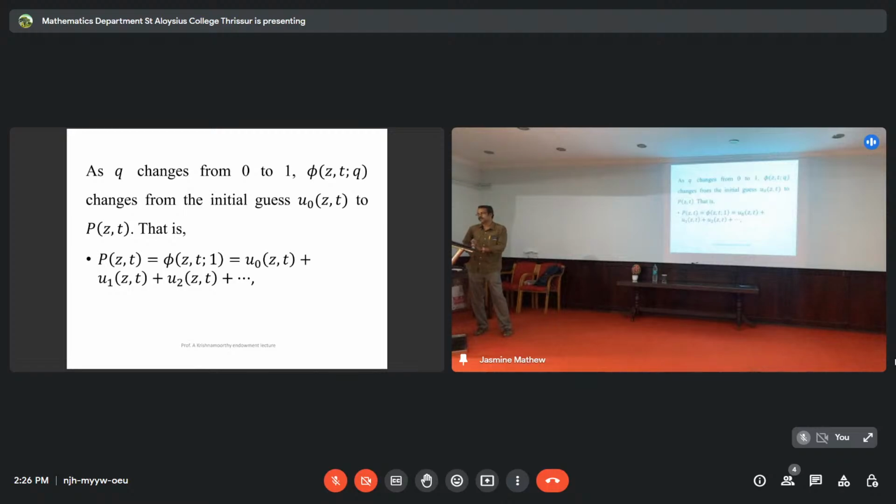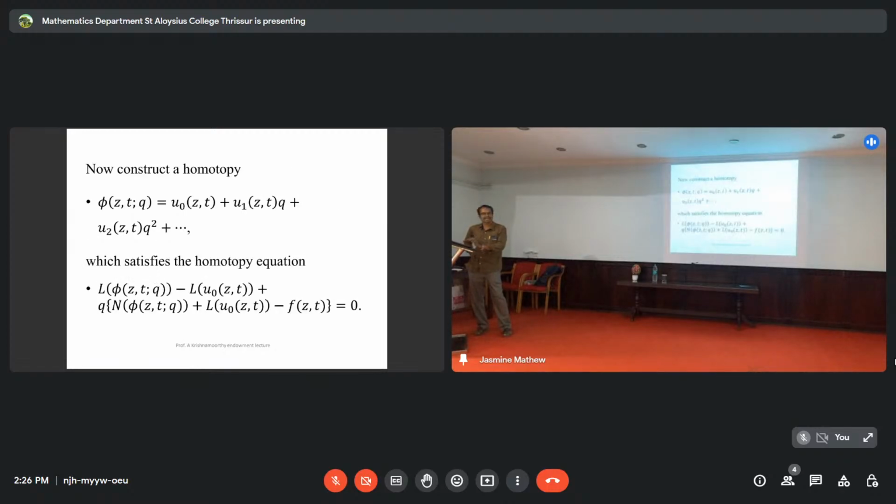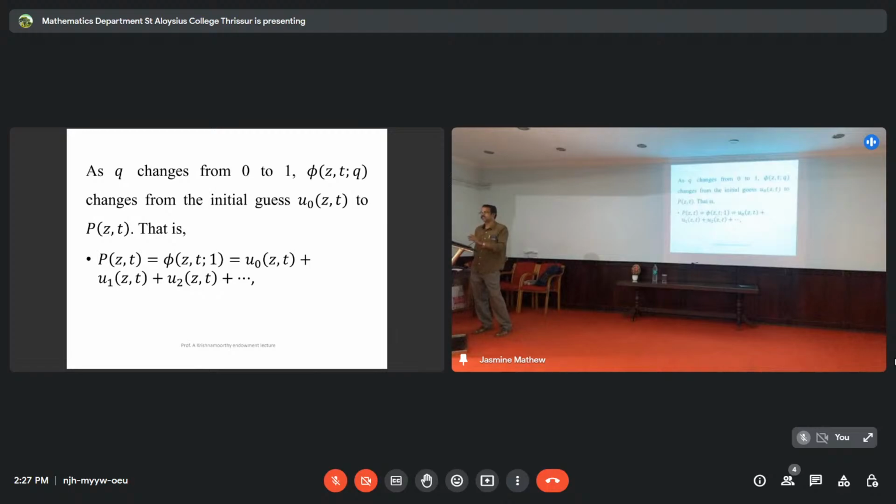So when q is 0, what happens is that this will be absent, so that the differential equation is L of this equal to 0. So the differential equation reduces to a simple form, maybe the linear form, when q is equal to 0. So we start from q equal to 0, and when q changes from 0 to 1, phi(t,q) changes from the initial u0 to the final solution or the real solution p(t). So that is p(t) equal to phi(t,1), which is a sum of u0, u1, etc.